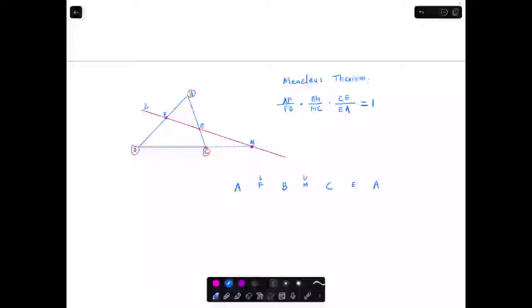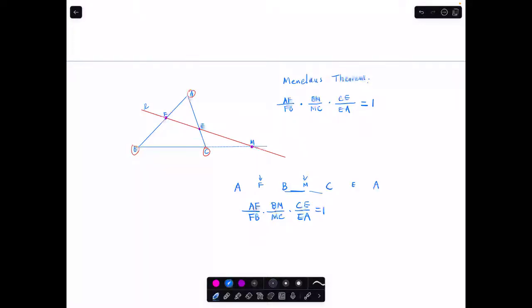The way to write it is just follow this order: AF over FB, BM over MC, times CE over EA, equal to 1. All right? So this is going to be very useful.